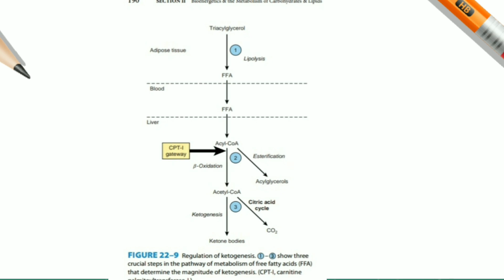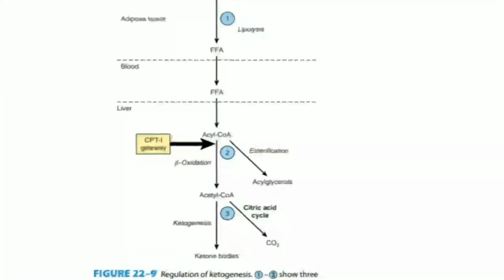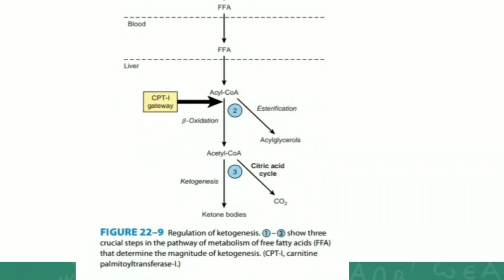Okay, so how it is converted, that we will see, because the free fatty acid can have two types of fate. One type of fate is that in the fed state it will be esterified to acylglycerols, and when we are having starvation it will not enter into this esterification pathway, it will enter into the beta oxidation pathway.